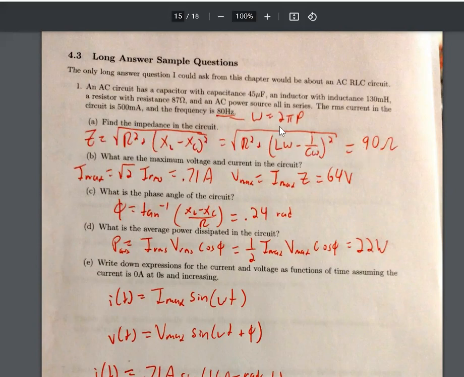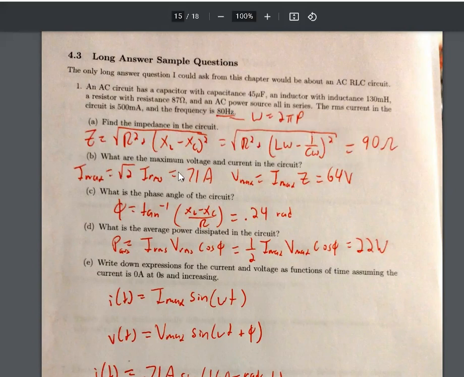So we know all of these things here. The angular frequency is just 2 pi times the regular frequency, and the inductance and capacitance were given in the problem, as was the resistance. So if we calculate this, we have a total impedance of 90 ohms.